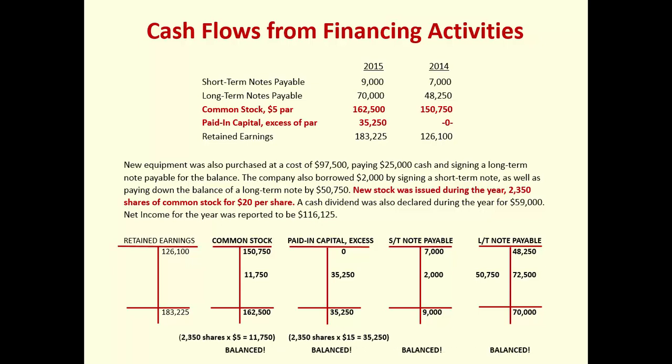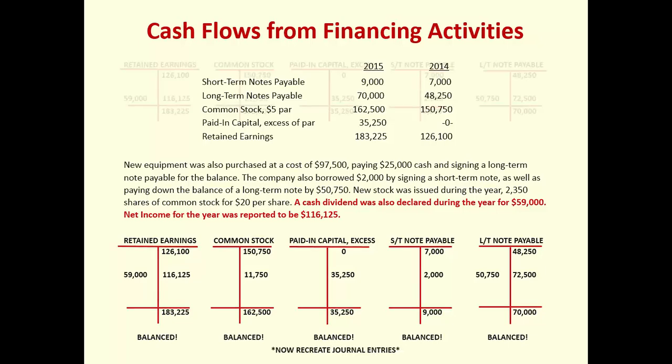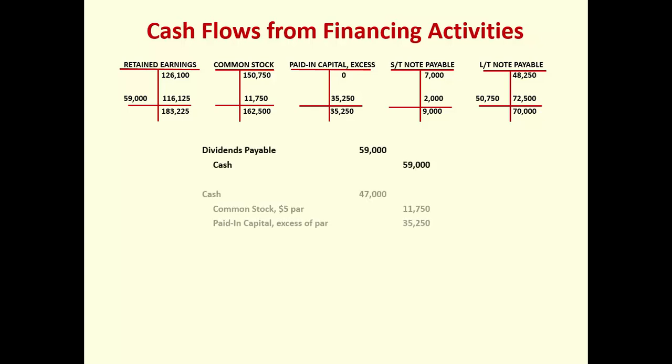Okay, let's look at the last one. Retained earnings changed from $126.1 to $183,225. What increases retained earnings? Net income. Plug your number. What decreases retained earnings? Dividends. Are you in balance? Yes. Now you're going to take this information and recreate journal entries.